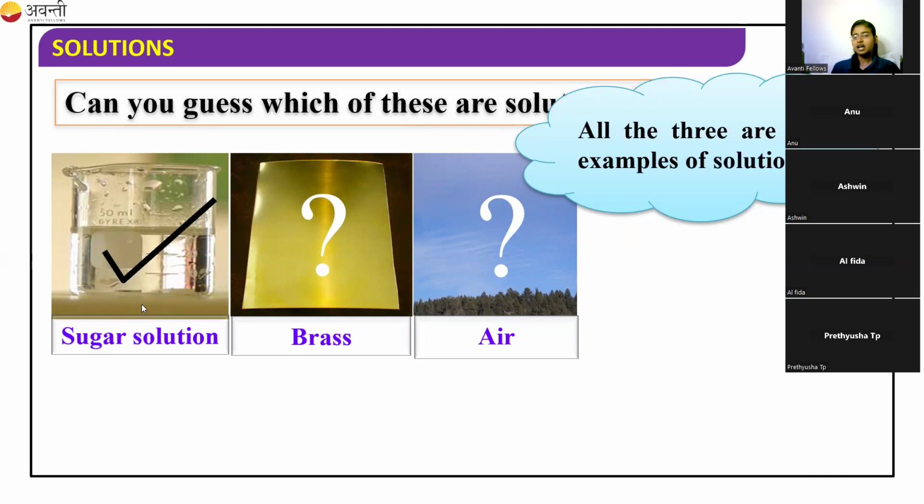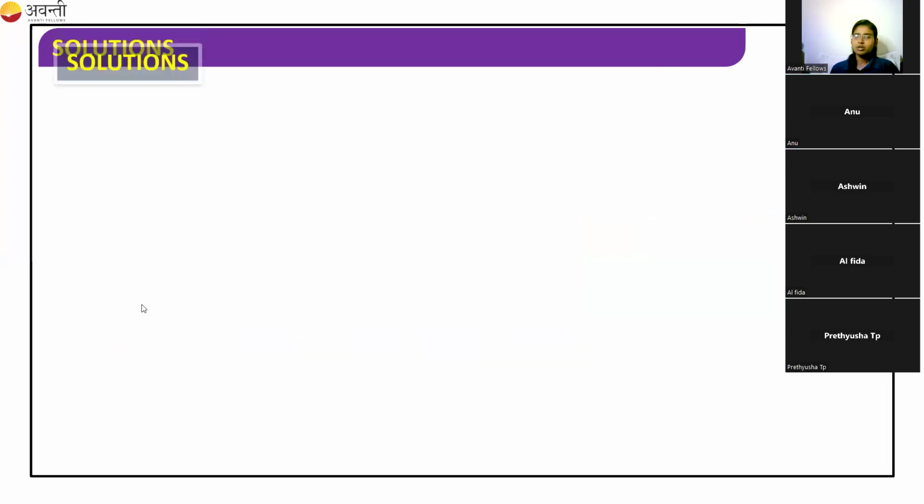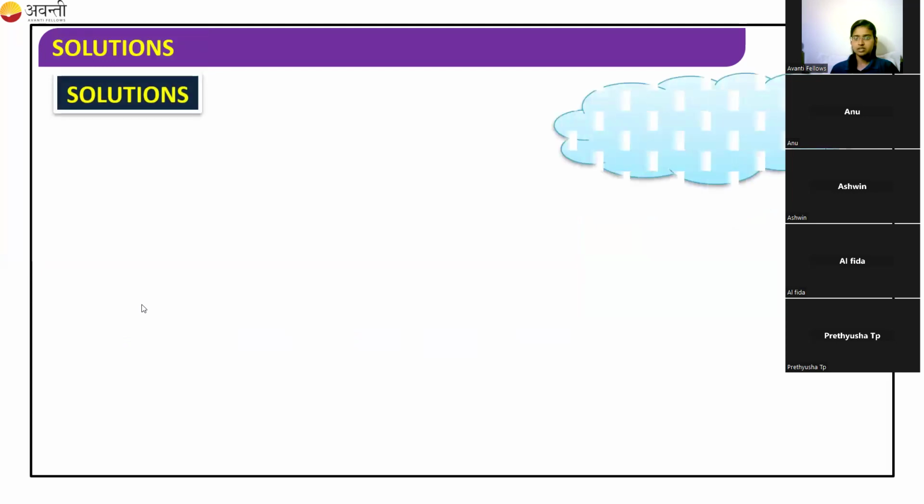All three are examples of solutions. Now you might be thinking, ma'am, how will brass become a solution, or how will air become a solution? How they are called a solution, you will understand at the end of today's class.